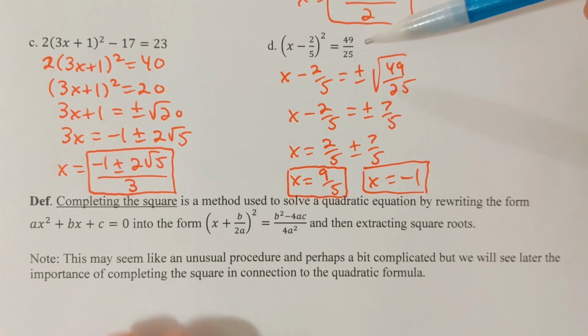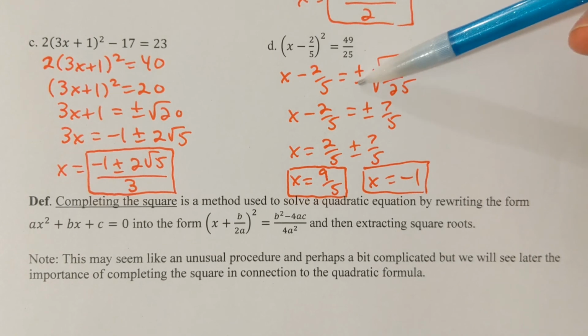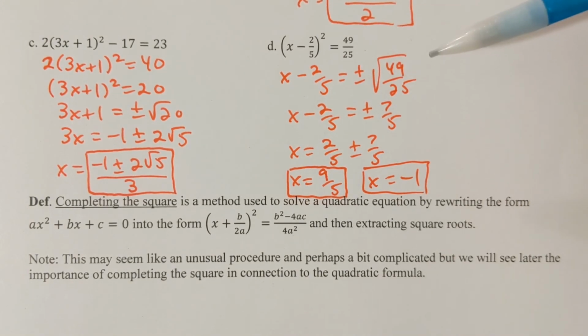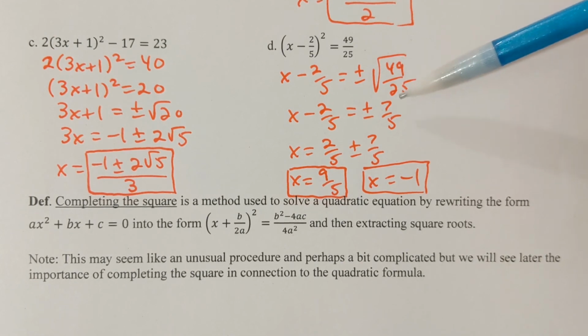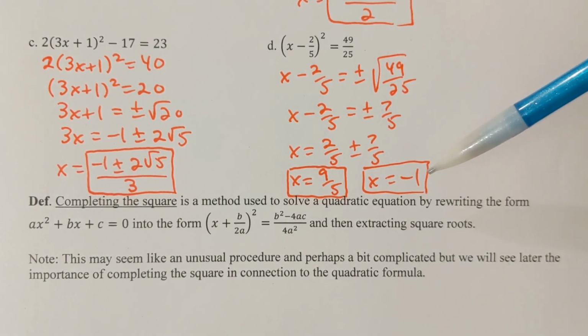Here's another one, and again, I'm all set up to use the square root property here. Take the square root of both sides. That'll get rid of the power of 2 that we see on the left. And of course, make sure that you have the plus or minus there on the right. The square root of 49 over 25, well, the square root of 49 is 7, and the square root of 25 is 5, right?